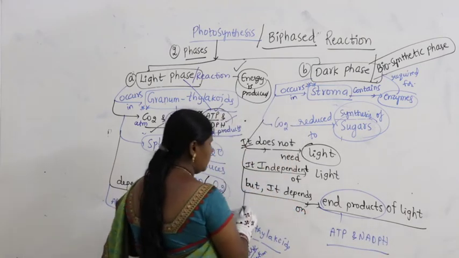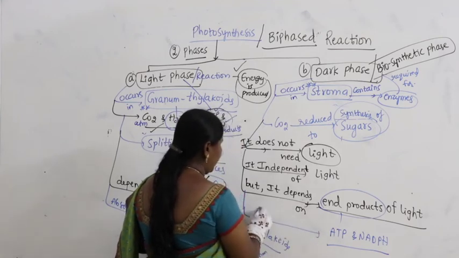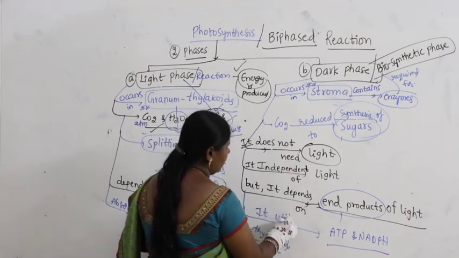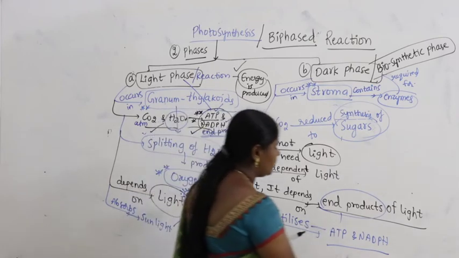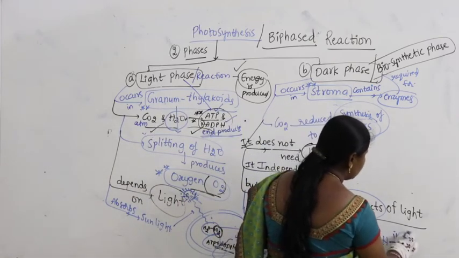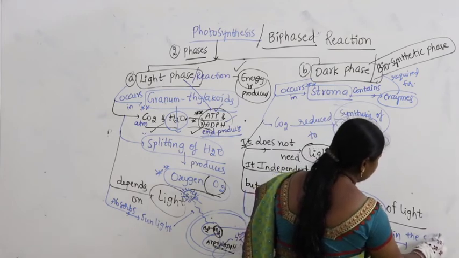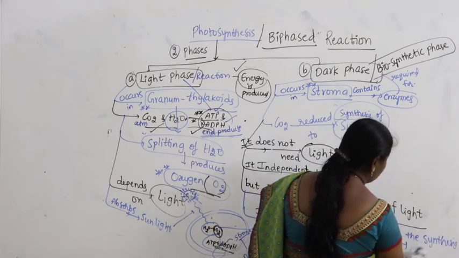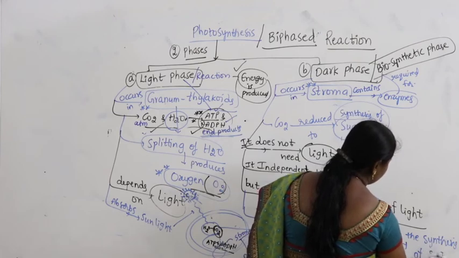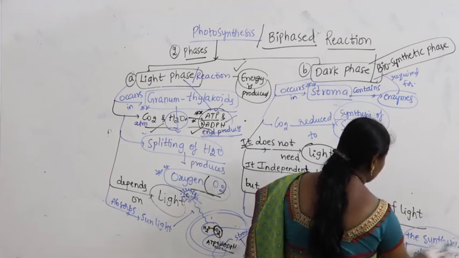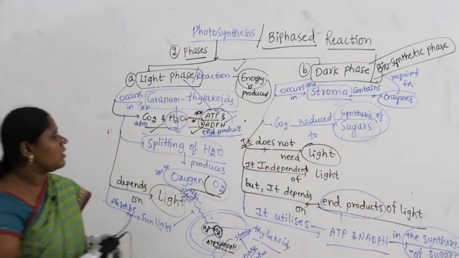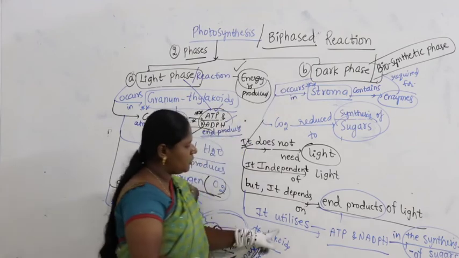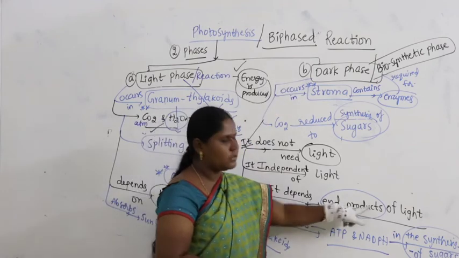That means here it utilizes ATP and NADPH in the synthesis of sugars. I hope you got it. That means a dark phase utilizes end products of light.